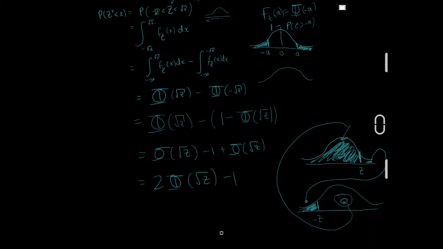Essentially, if we want the cumulative distribution function for z squared at a particular value, we take that value, square root it, plug it into the standard normal CDF, multiply it by 2, and subtract 1. That's the probability that your z squared will be less than the value you plugged in.